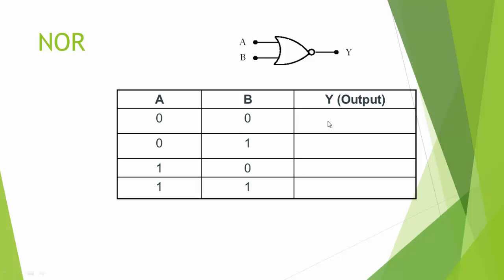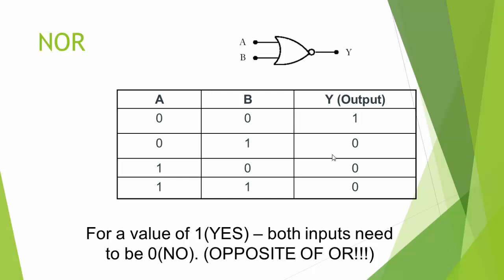This means that our inversion means this should be a 1. For all the other cases, the OR gate would give a 1, therefore we should expect a 0 for each one of those. And in fact, that's what we see. So this is the opposite of an OR gate.